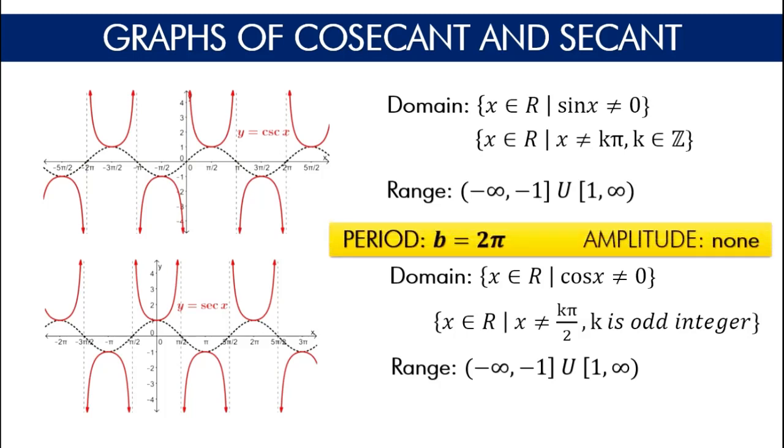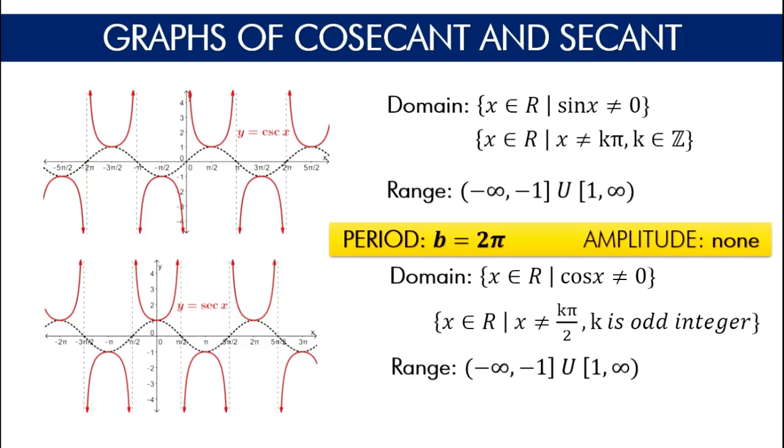Okay, so as you can see here, there's no amplitude here, because based on its definition, it identifies the height of the function. But in this case, it extends both from negative infinity to positive infinity. So therefore, our amplitude here is none.